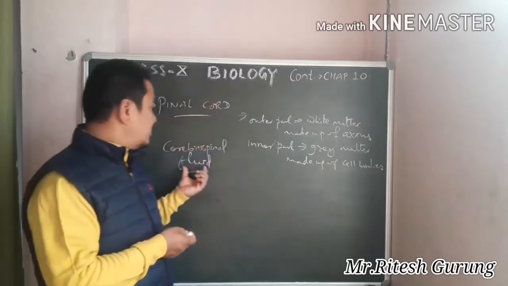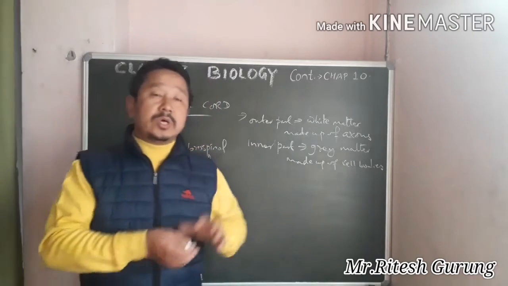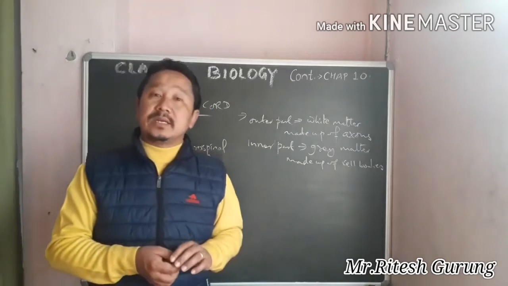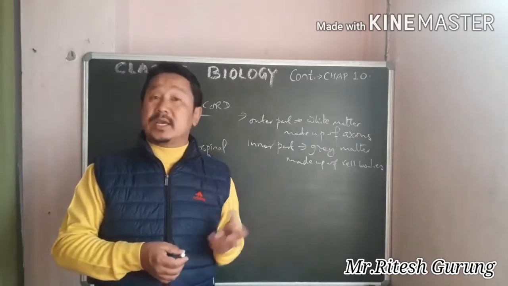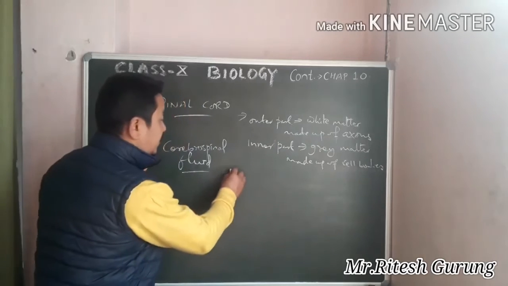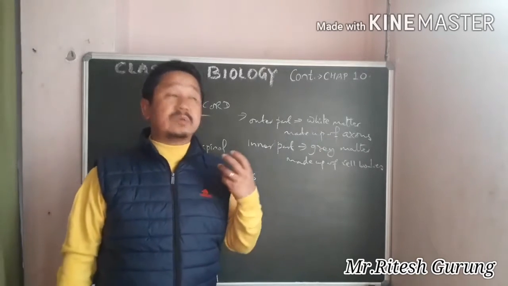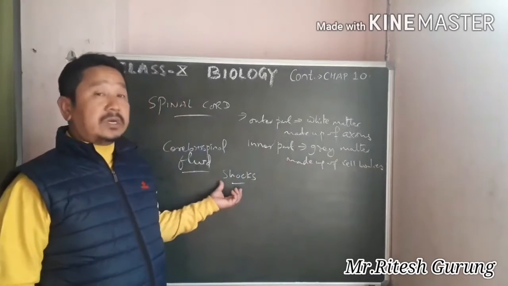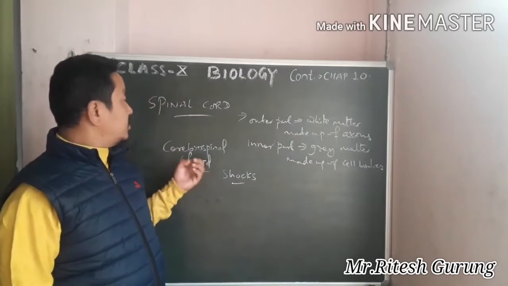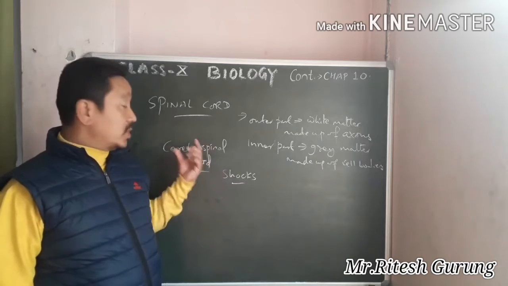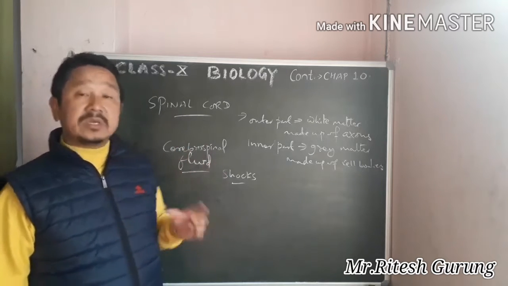And the function of the cerebrospinal fluid is to protect the spinal cord from different kinds of shocks. Sometimes mechanical shocks, sometimes some other kinds of shocks, may affect the spinal cord. But this cerebrospinal fluid is there to protect the spinal cord from such shocks.